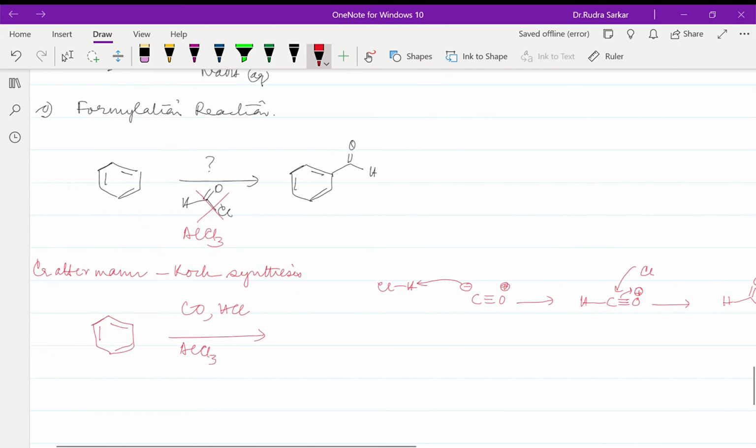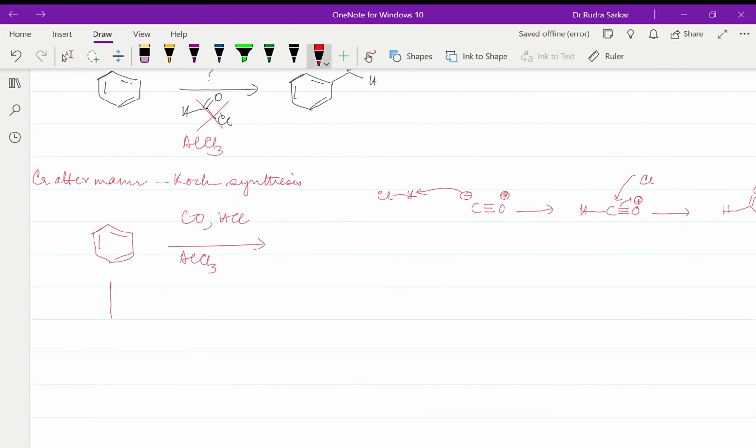Now once this is formed, what one can think is that the HCOCl in the presence of AlCl3 will give you the desired benzaldehyde. Okay, so let's write it over here.